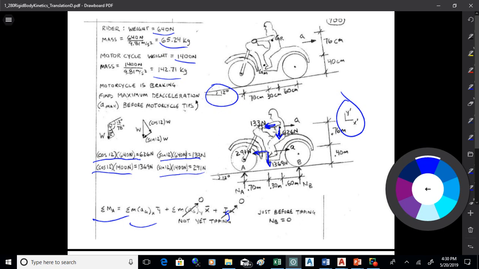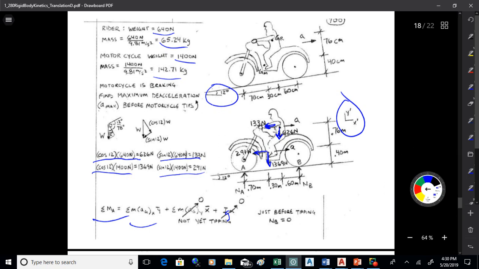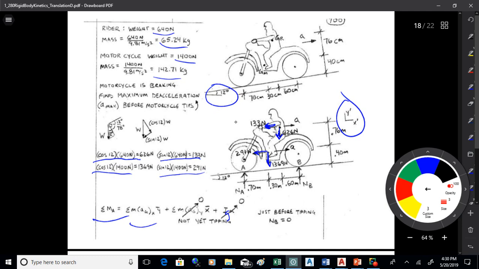So let's see what we could do with that. Okay, now if we're tipping, notice how we're accelerating here. We're going up the ramp because this motorcycle's slowing down. So we're going to go up the ramp like that. So there we go with those accelerations.